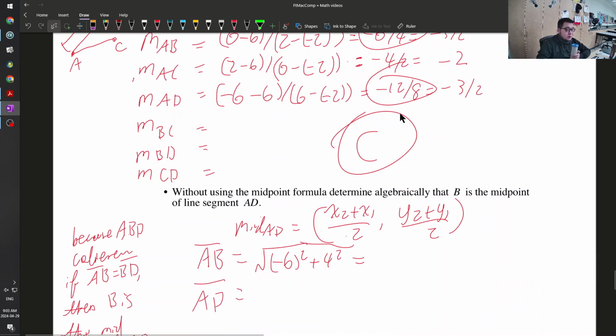The length formula is just x2 minus x1 squared and y2 minus y1 squared. And because addition is commutative, I can just switch them around. So 6 squared is 36 plus 16, we get root 52.